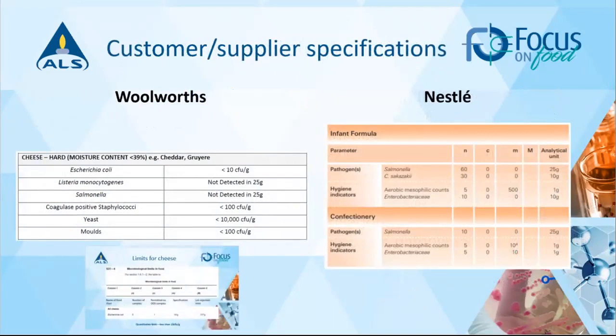However, if you supplied cheese to Woolies under the WQA standard, you would also have been required to test for Listeria monocytogenes, Salmonella, Staph aureus, yeast and molds. The specifications for E. coli are also a lot tighter than the regulatory requirements, and there's no facility for any out of specification results.